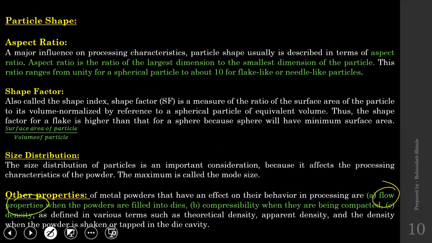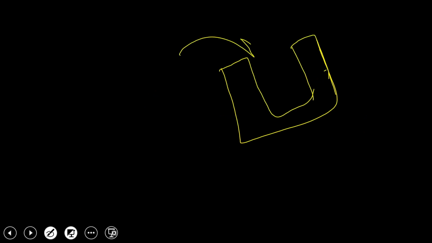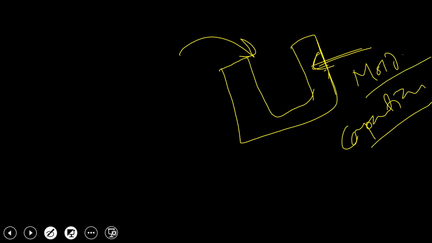The importance of flow properties is, when you try to push the mixture of metal powders and additives into a mold during compaction. What is compaction? Compaction is offering the shape of the product, right?